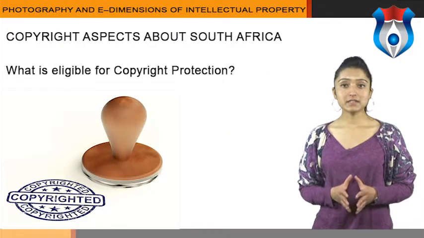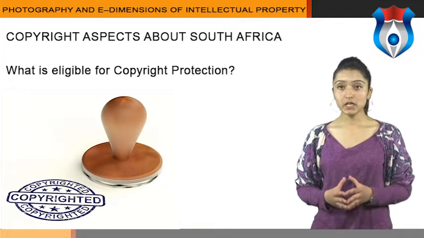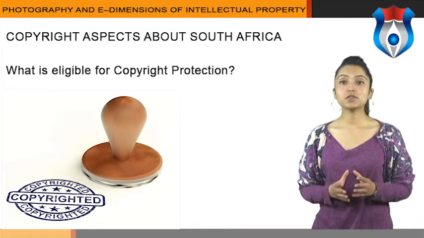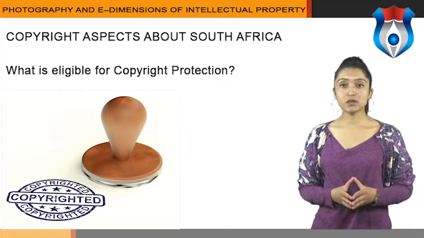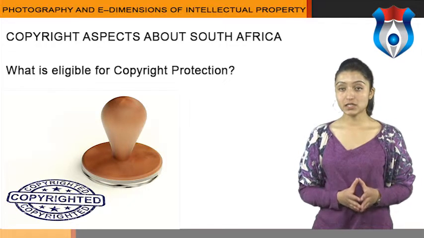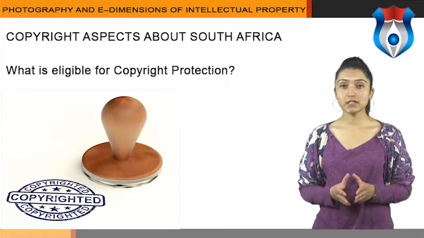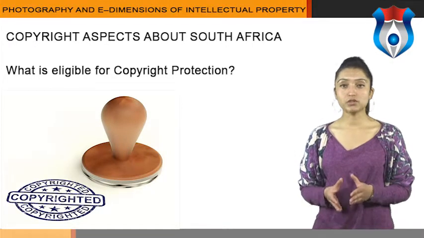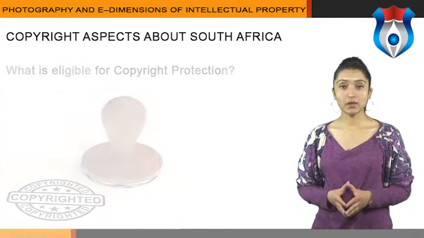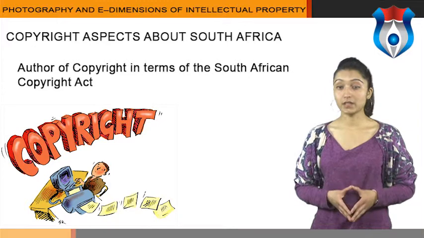Through the years, certain classes of copyright have been developed, rather artificially, to describe works eligible for copyright protection. In general, any original work made by a qualified person is eligible for copyright protection. Originality refers to the fact that the author must have created the work through the application of the author's own creativity and labor.